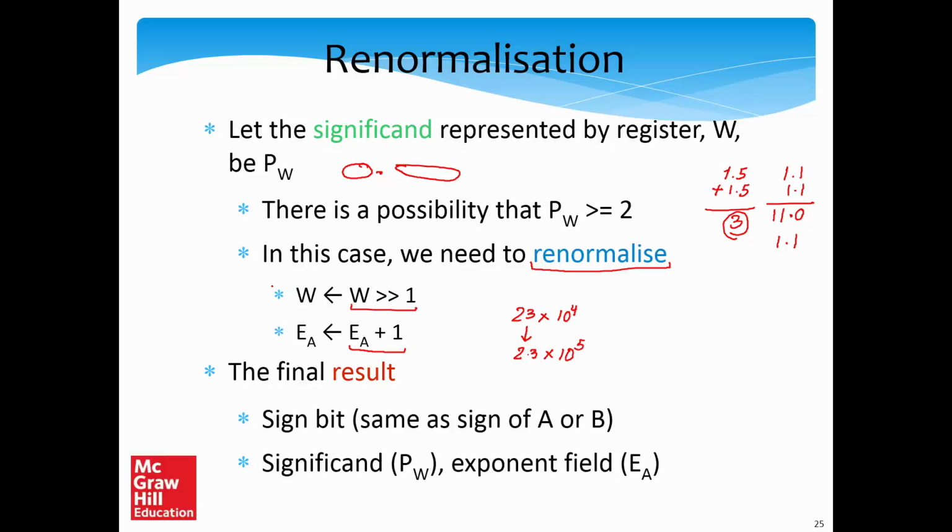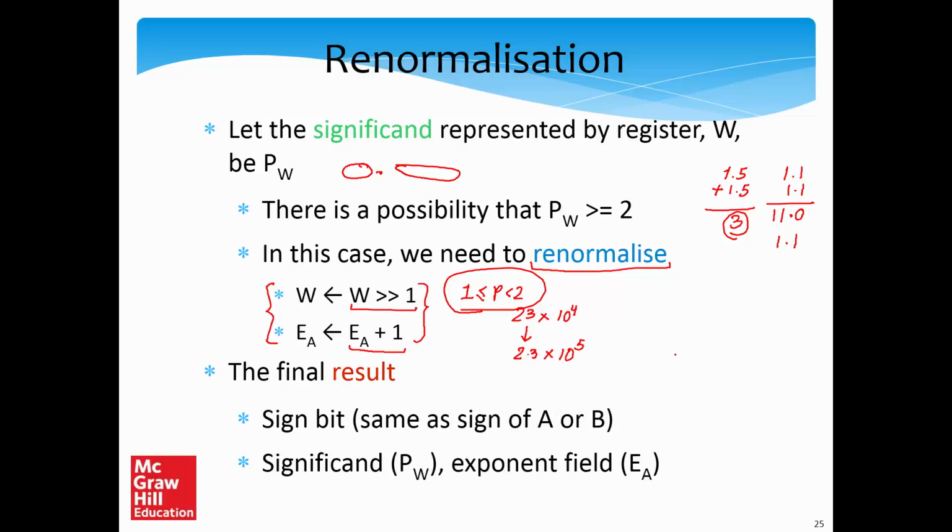We are doing exactly the same in binary to ensure that our significand is between 1 and 2. So the final result is like this: the sign bit will be the same as the sign of A or B. Mind you, we are doing addition and thus assuming that the sign bit is the same.